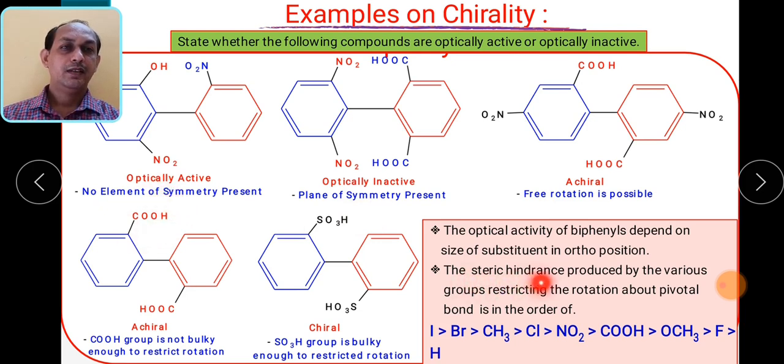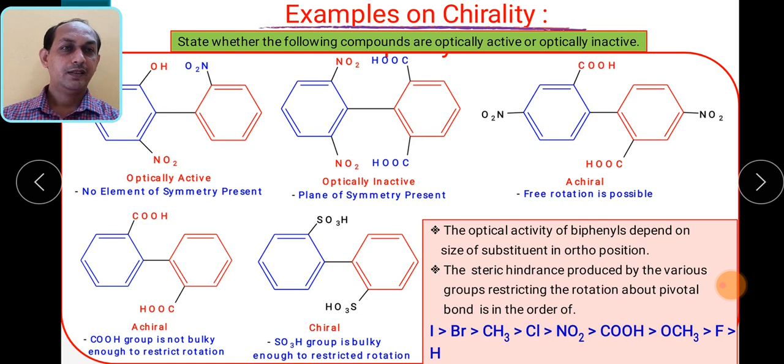See this particular thing, the steric hindrance produced by the various groups restricting the free rotation about the pivotal bond is in the order of: the bulkier the group you have at the ortho position, the more it will restrict the rotation. So it is a very important criterion. And see this particular order. Iodo group is bulkiest, then bromo, then CH3, then Cl, then nitro, then COOH, then OCH3, fluoro, and H. H is the least bulky group.